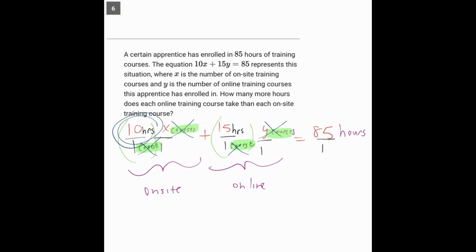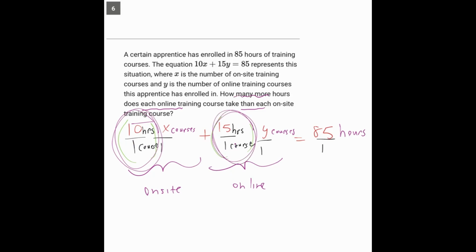So we figured out how to set this up, how to understand the units so that this whole thing mathematically makes sense. But we're going to go ahead and just leave these not highlighted because the question is asking us how many more hours does the online course take than the on-site course? In other words, we need to understand what the 10 and the 15 mean. And from all this work we did, we see that 10 is the number of hours per course for the on-site. 15 is the hours for each course for online.